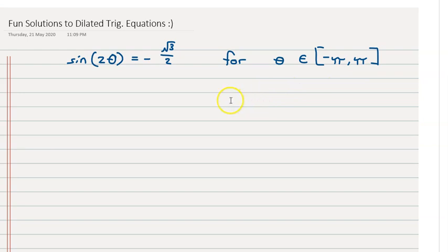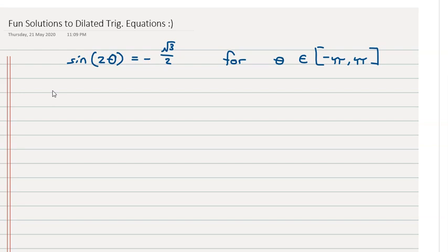Comparing to the previous ones we've done, we didn't have any dilation at all. But to solve these particular problems, there's not a whole lot different to it; rather, we're going to add a step at the start and a step at the end to make everything nice and easy for us. So consider we've got sine 2 theta.